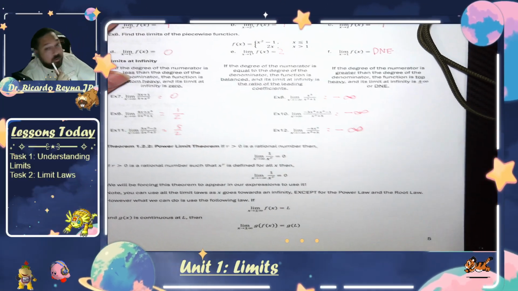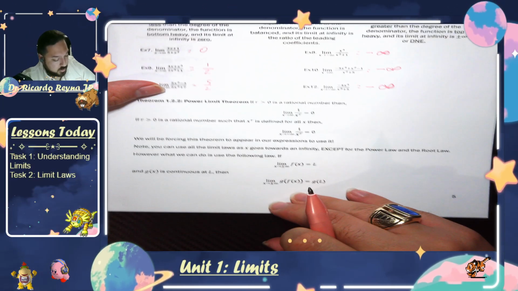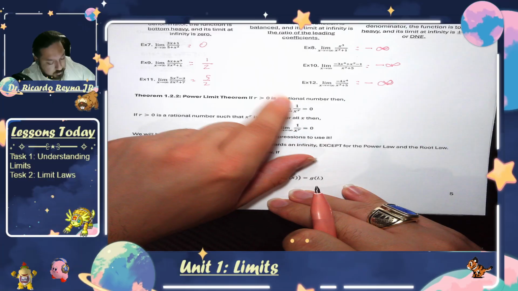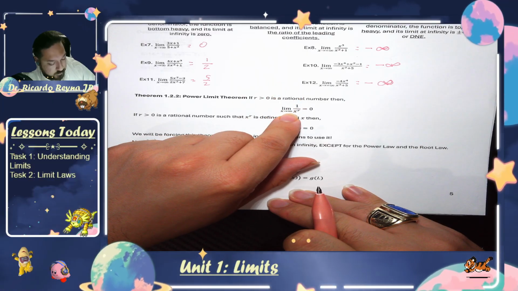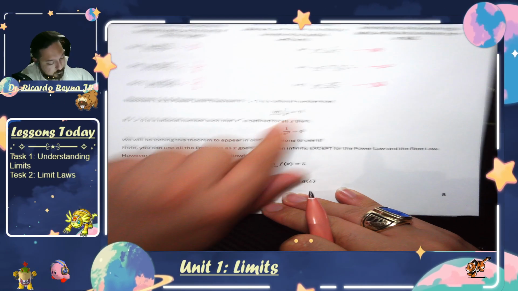Now, a couple of theorems we want to introduce. First, the power limit theorem. If r is a rational number, then as x goes towards infinity, 1 over x to the power of r will be 0.